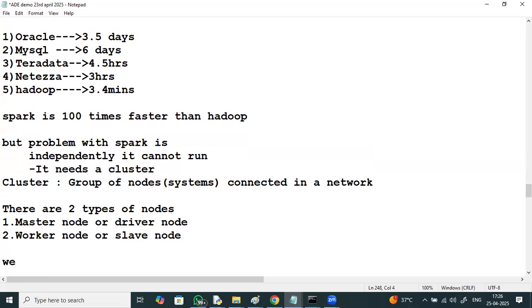We have one master and multiple worker nodes.